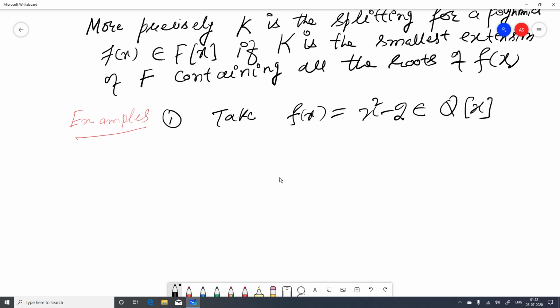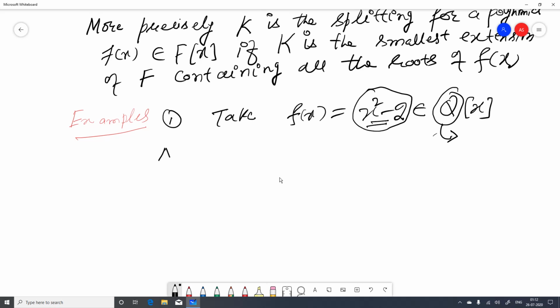Now we are interested in finding the splitting field of this polynomial. So we have to find the smallest extension of Q containing all the roots of this polynomial, or you can say the smallest extension of Q such that this polynomial splits completely into linear factors.